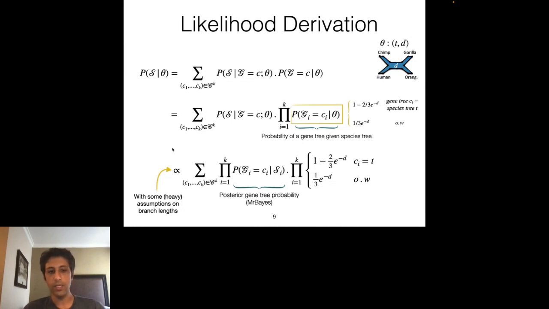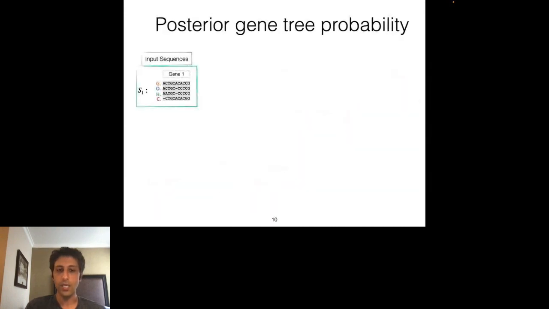Here, I'm not writing equal, I'm writing proportional to, because I kind of flipped the order. So you also have to make some assumptions about the prior. So there are a bunch of assumptions going on. This step is the most tricky one in terms of being correct.